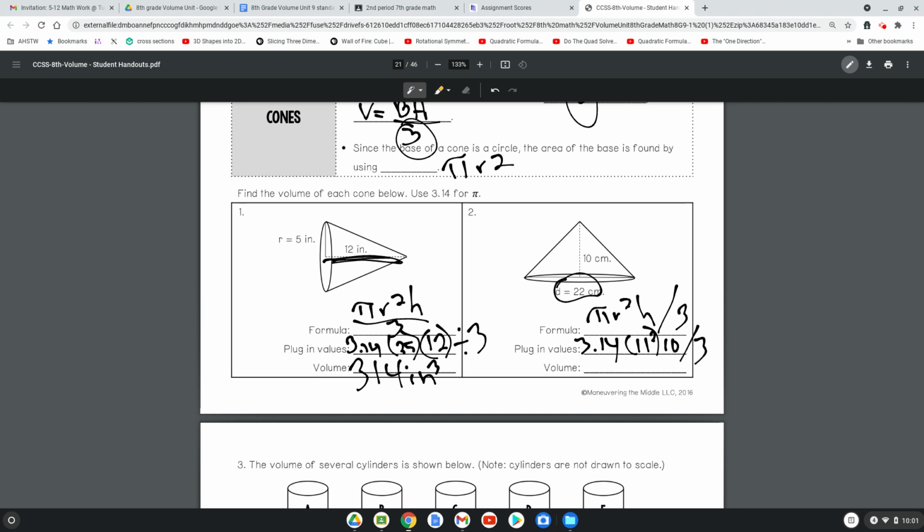So make sure you only square 11, 11 times 11, and then times everything and divide by 3. And you should get 1,266, and then if you put some decimal points from your calculator, it's 0.46 repeating. I mean, you can round it or you can use the whole number. It doesn't tell you what to do, so centimeters cubed.